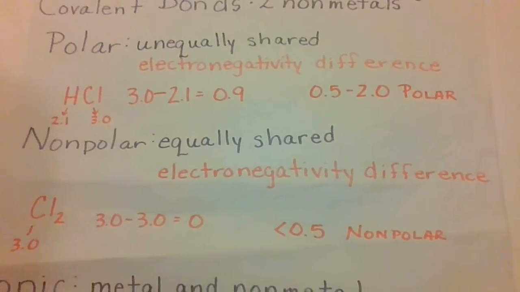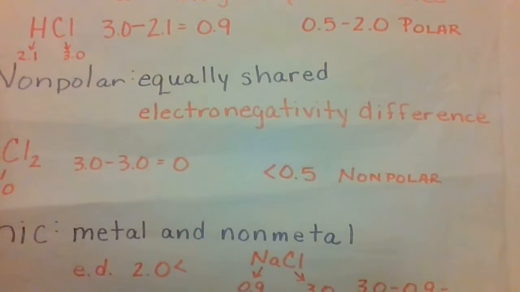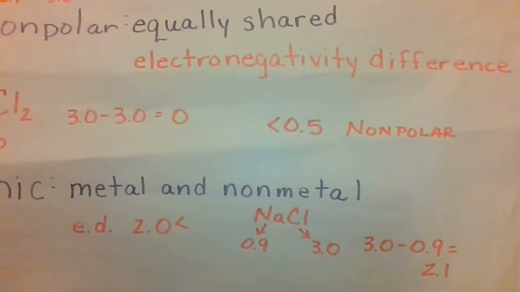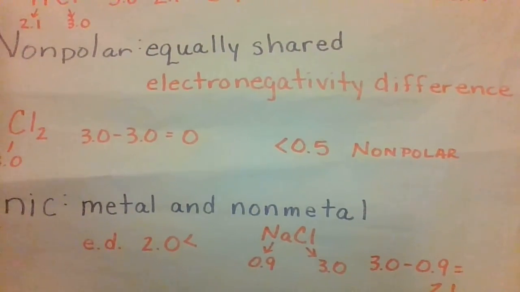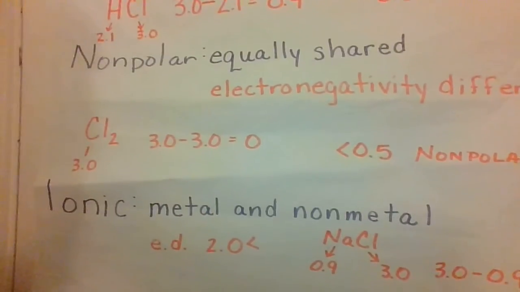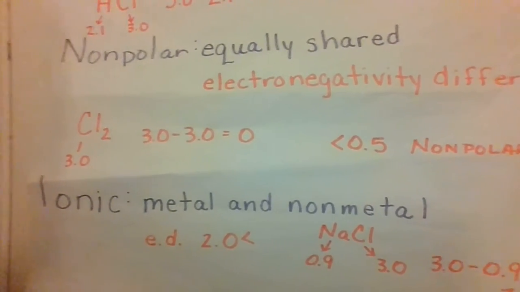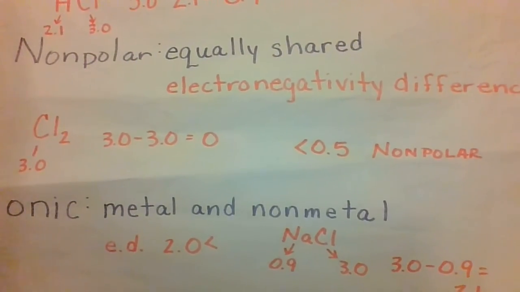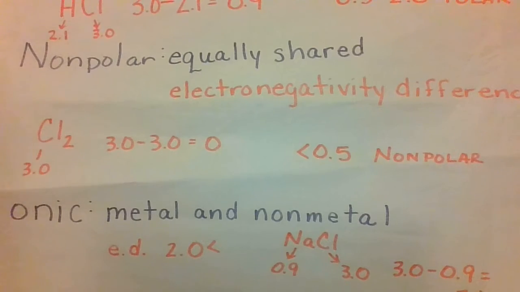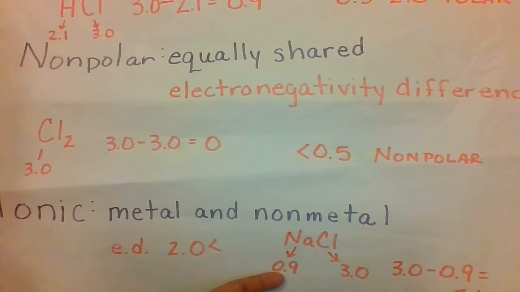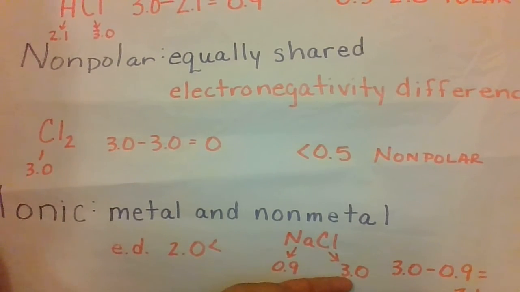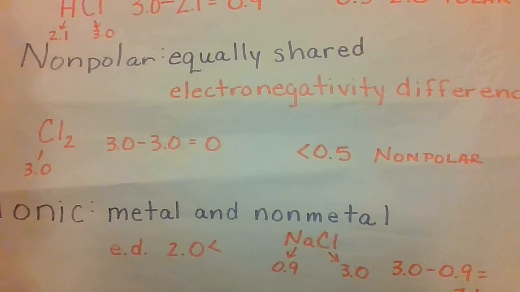All right. Next, we are going to look at sodium chloride, which is going to be our ionic bonds. So we know that's going to be between a metal and a nonmetal. Sodium has an electronegativity of 0.9. And chlorine, of course, from our previous problem, we know is 3.0.